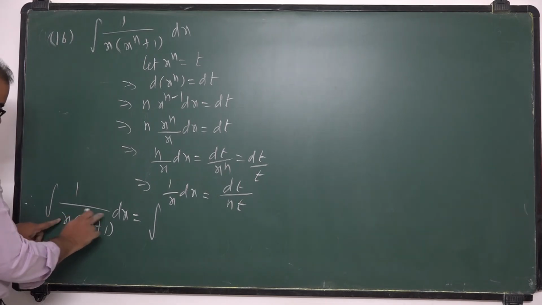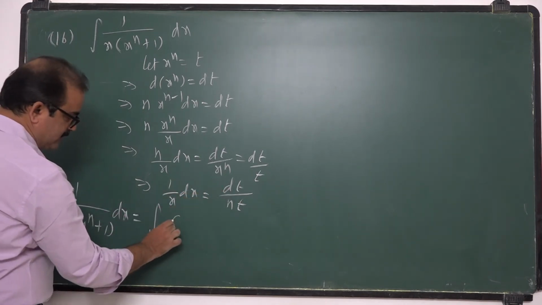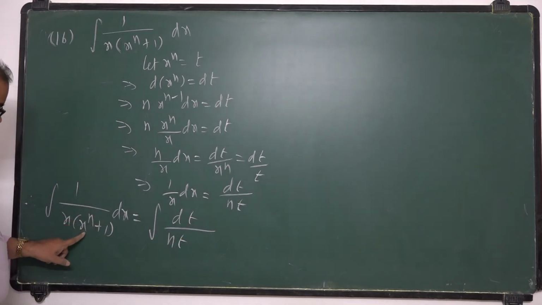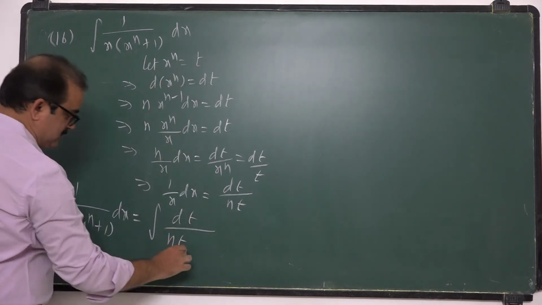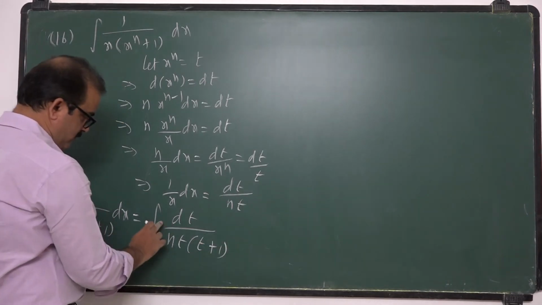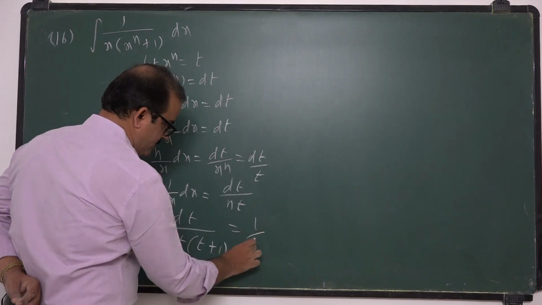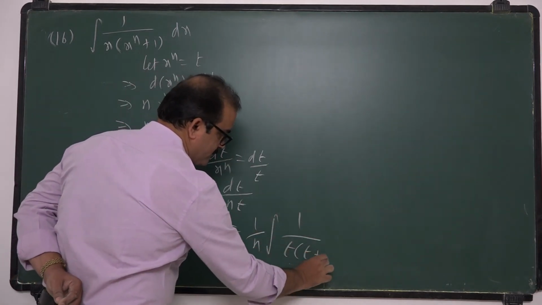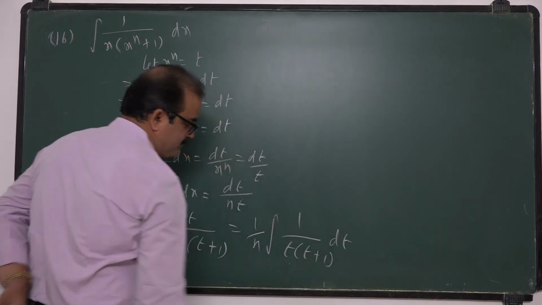What is 1 by x into dx? dt by n into t. X power n is taken as t, so t plus 1. Here 1 by n is constant, write it as 1 by t into t plus 1 into dt.